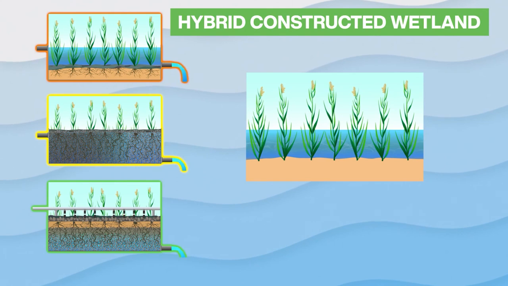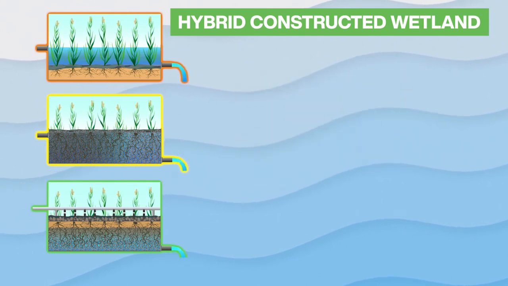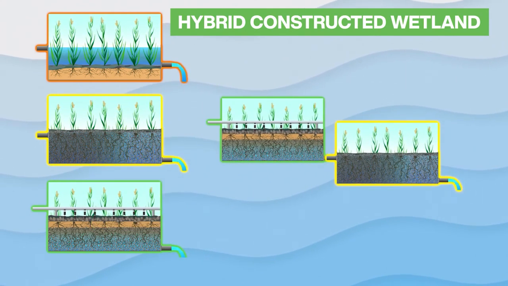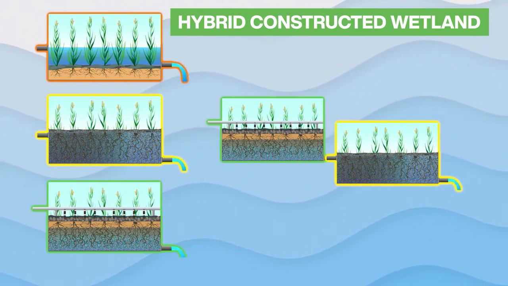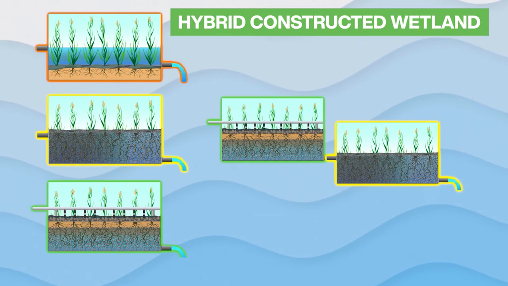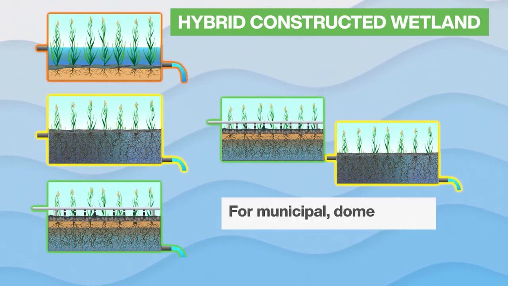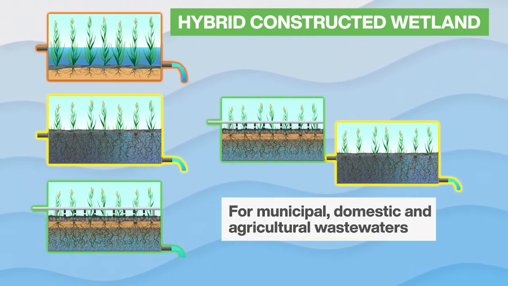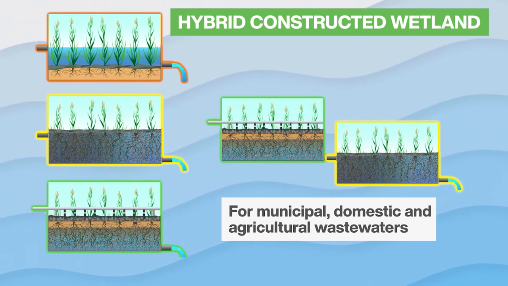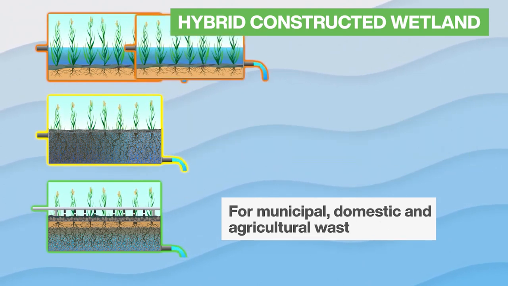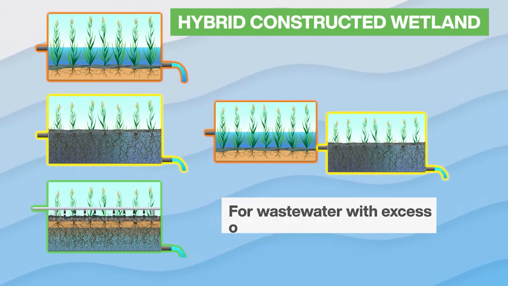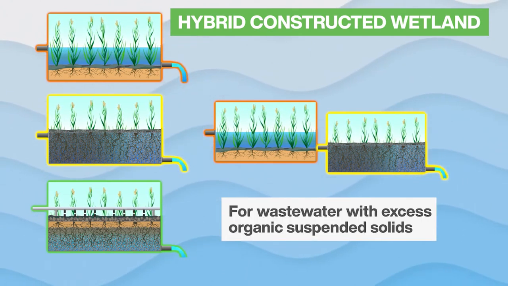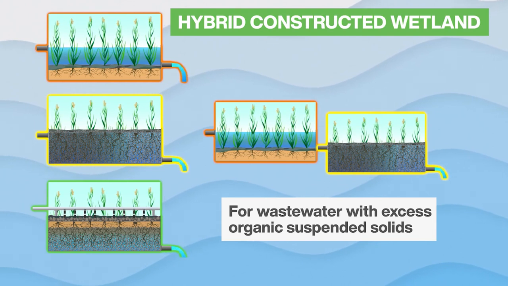For example, first, subsequent combination via pipes or canals of the third and second types of constructed wetlands, vertical subsurface flow and horizontal subsurface flow, considerably increases the removal efficiency of nitrogen from agricultural and domestic wastewaters. Another example, combining the first and second types into one system is the most suitable way to remove suspended organic material from wastewater.